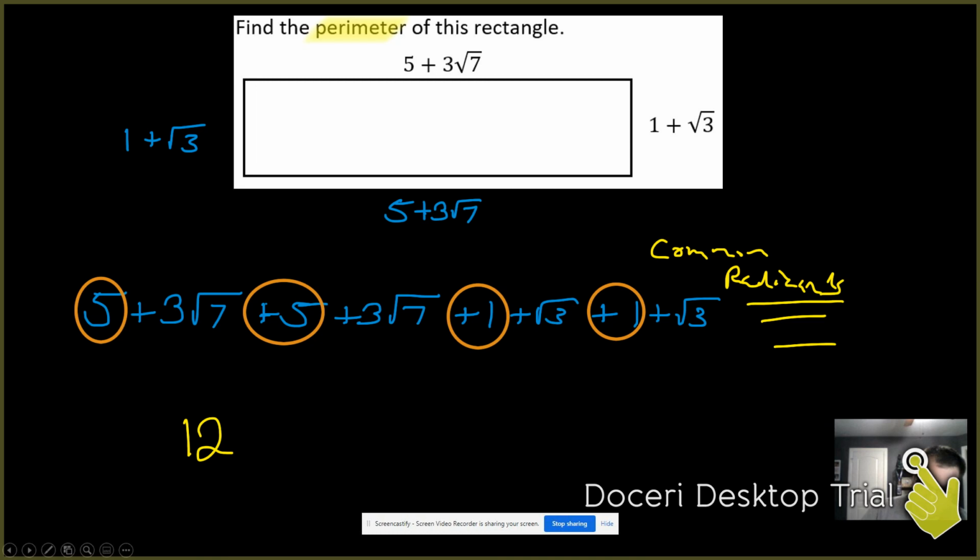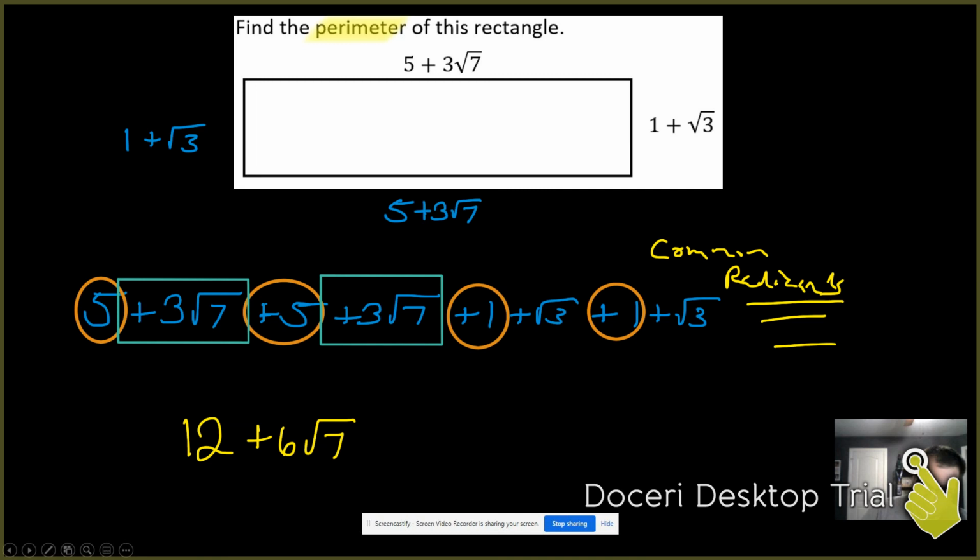Now let's collect the common radicands. We have the square root of 7 here and a square root of 7 here, so we can collect those. 3 plus 3 is 6 square root of 7. And then finally, let's collect the square root of 3's.